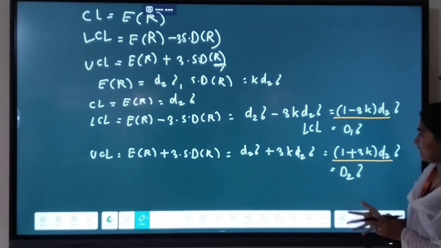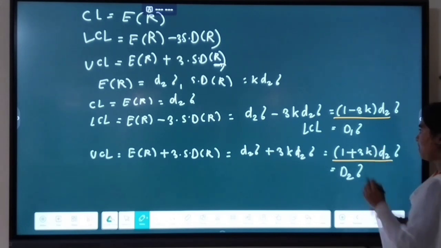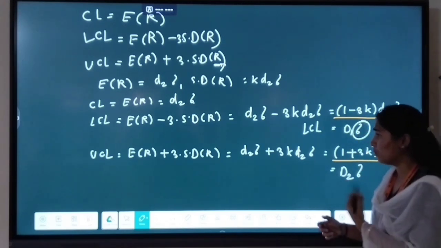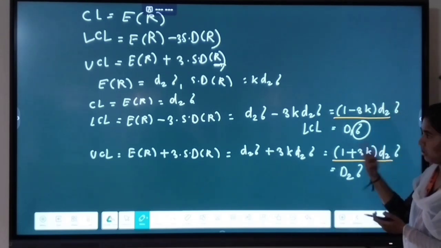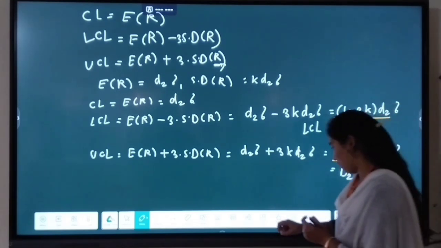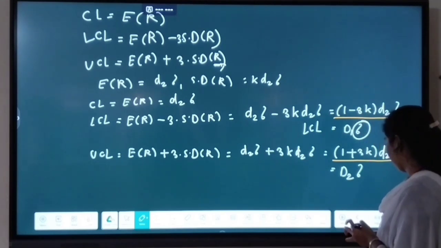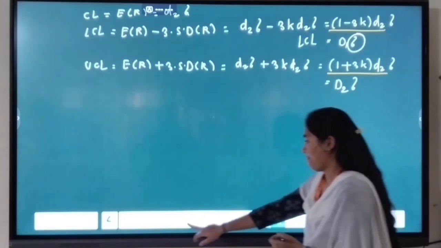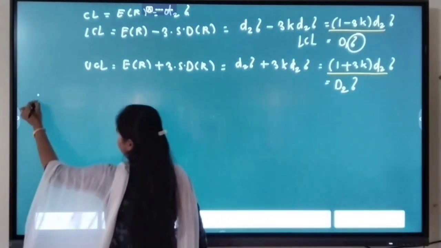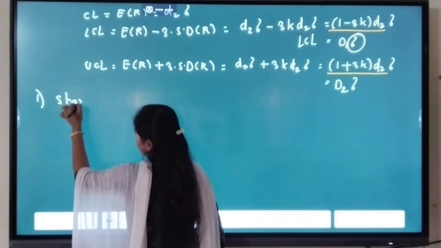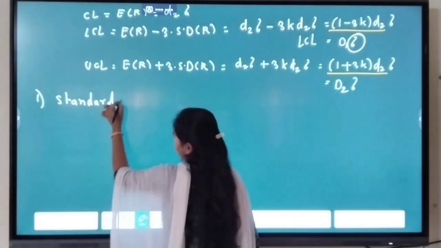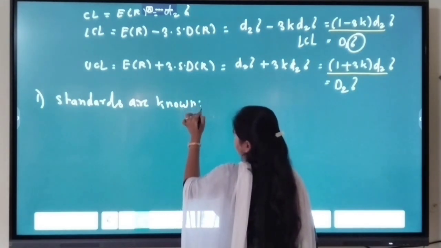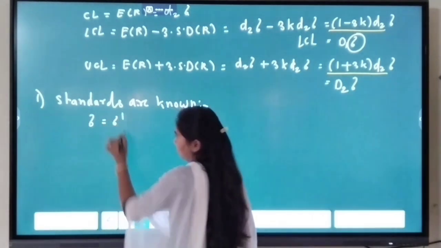Here two situations arise, depending on sigma, the process standard deviation. If it is known, what are the control limits, and if it is unknown, what are the control limits for the R chart. The first situation is when standards are known, that is sigma is equal to sigma dash.